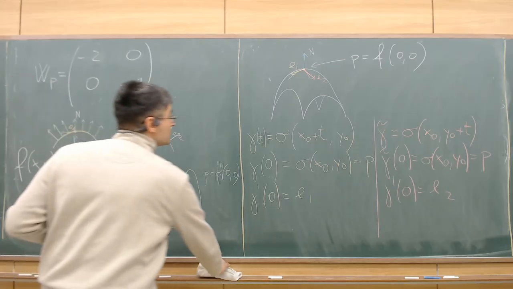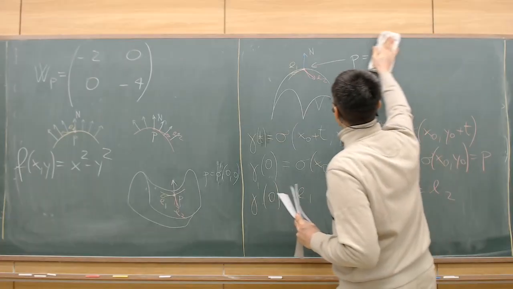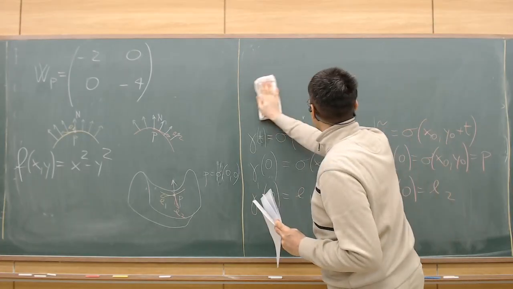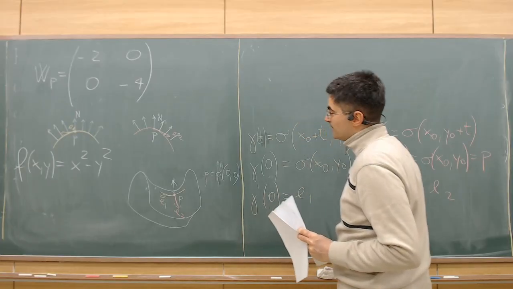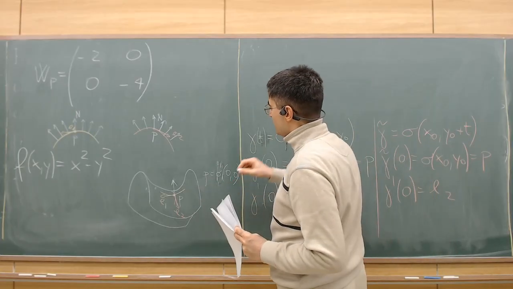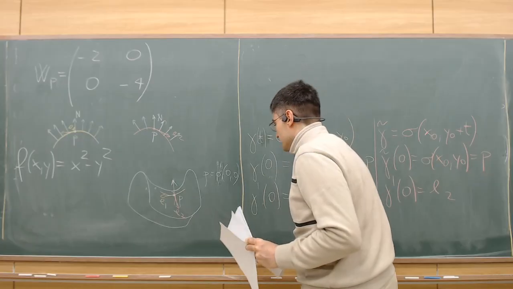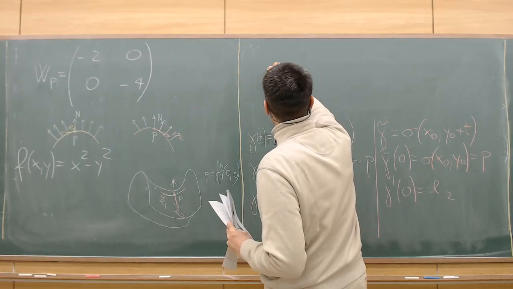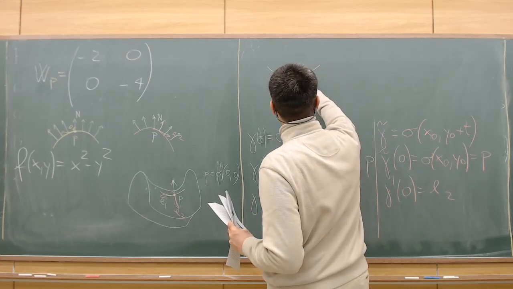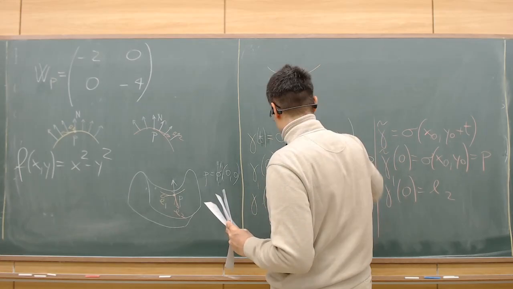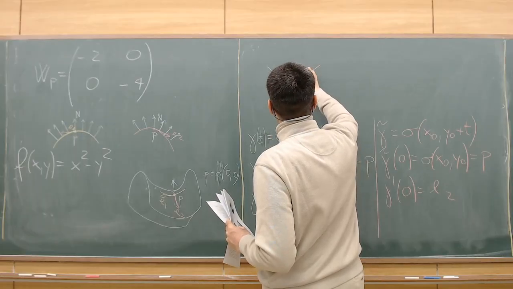Now let's try to sketch the curves separately. This time the curve in yellow looks like this. This is point P. This is E1.